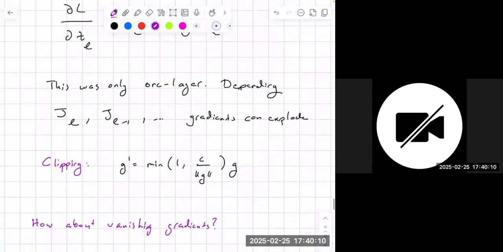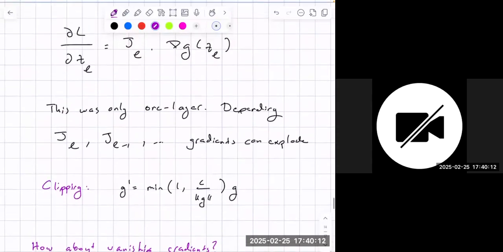So fixing the exploding issue is easier. This is the typical trick called clipping. If my gradient was G, and I'm afraid it might be getting too big, you multiply that G with the minimum of 1 and a constant you like, say half, whatever constant you put, C, divided by the norm of that G. So if the norm of G is super big, this is going to come out of it: C times G divided by its norm.